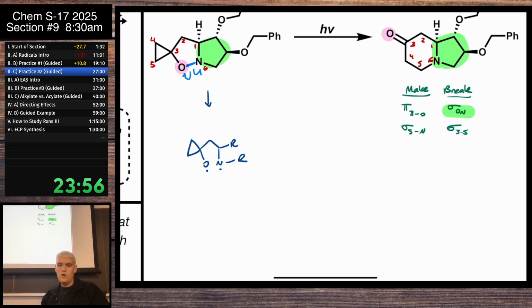So we probably want to do a goal that involves one of these. Which do you want to try to do? The 3O pi bond or the 5N sigma? I would say let's try the 3O, because we know pretty reliably that that's going to form the carbonyl here.